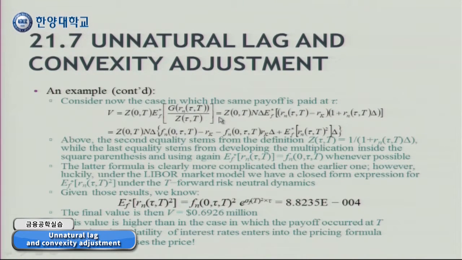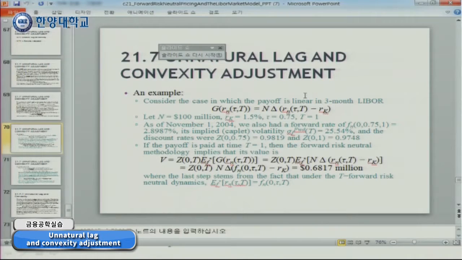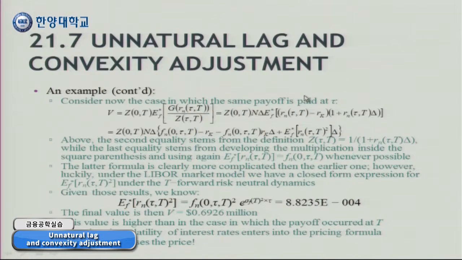Then it is Z tau T, and we have G as this one, and the Z part is the discount factor. So the Z part is the inverse of Z, so we have this one, right? Now we invert, so we have this one.